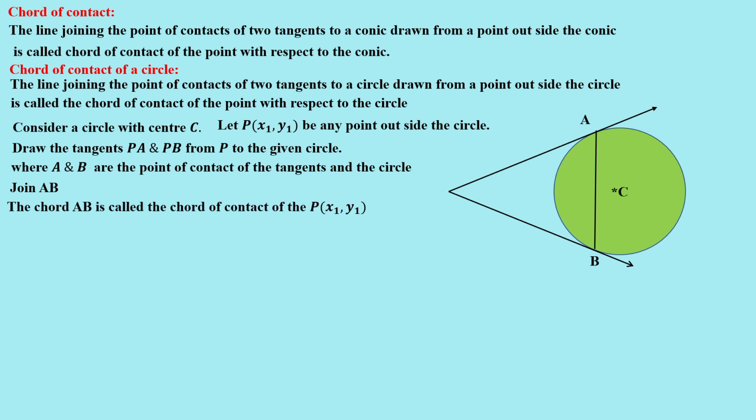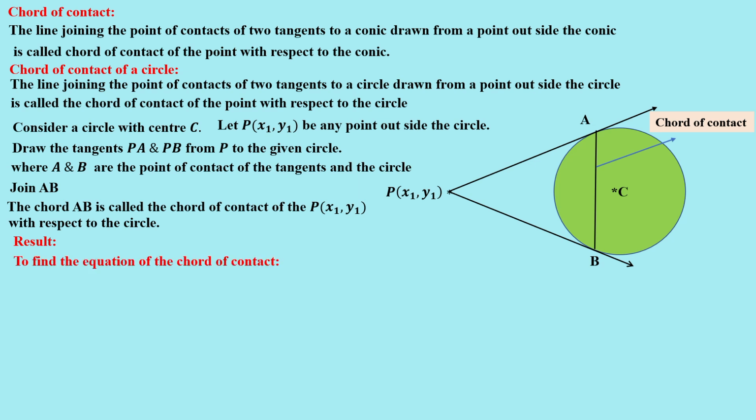So the chord AB is called the chord of contact of the point P(x1, y1) with respect to the circle. So that is, AB is the chord of contact of the point P(x1, y1), which is lying outside the circle. So we'll see the theorem to find the equation of the chord of contact, right?